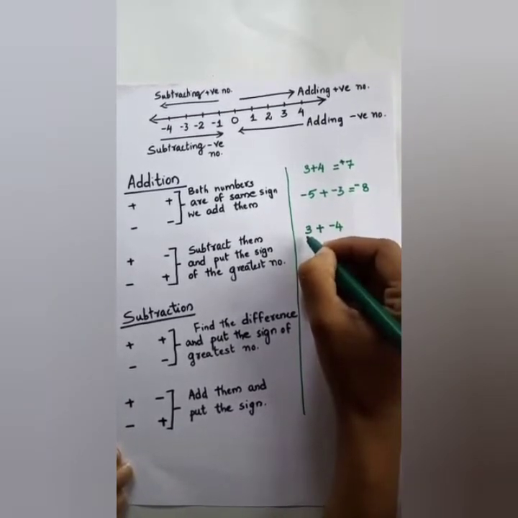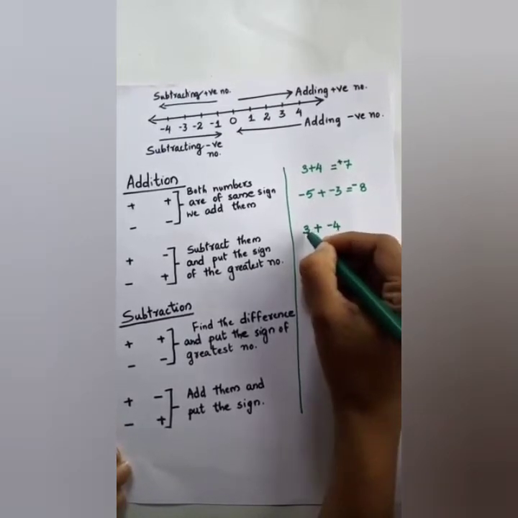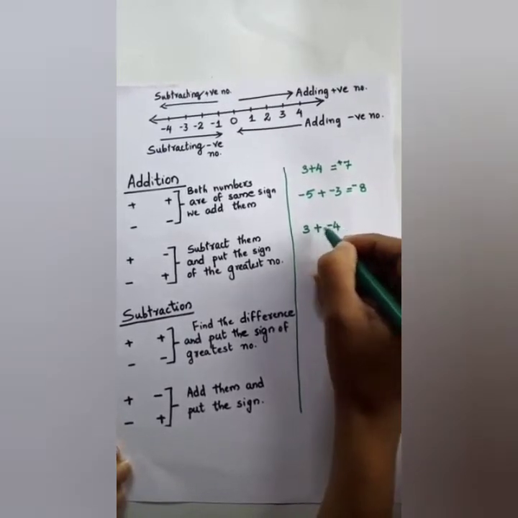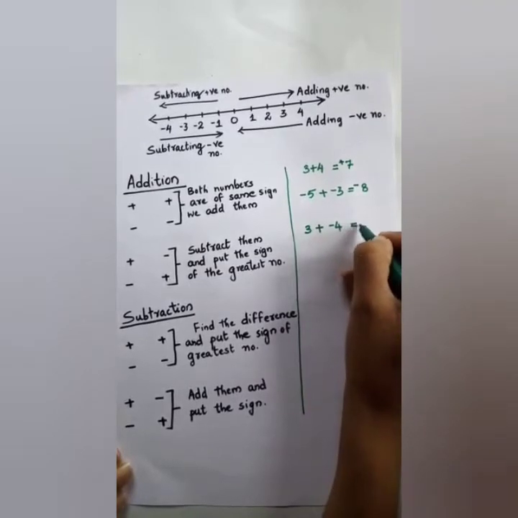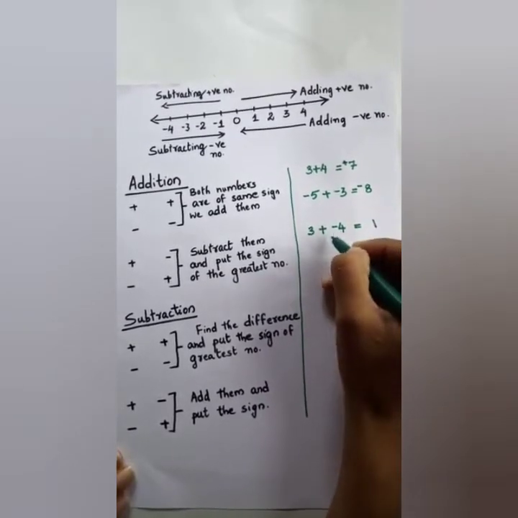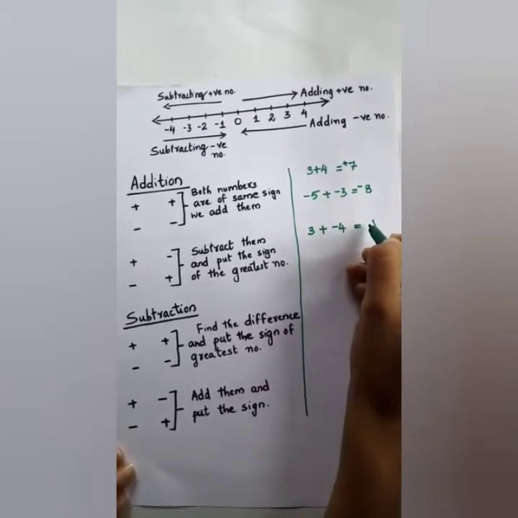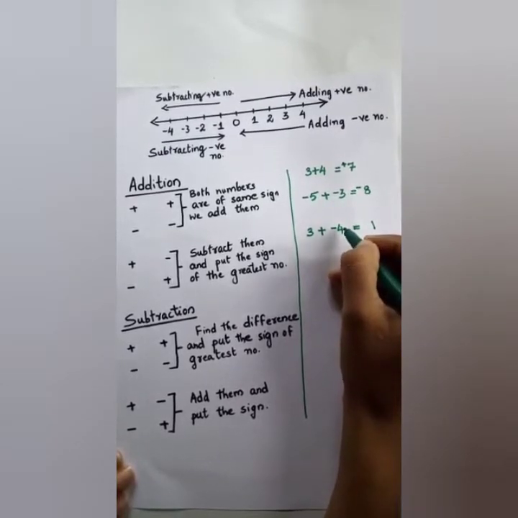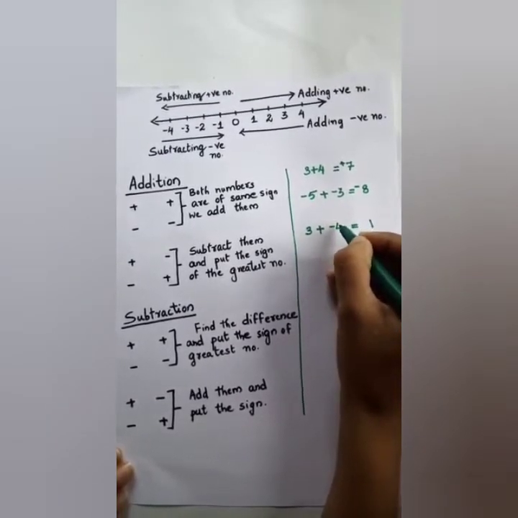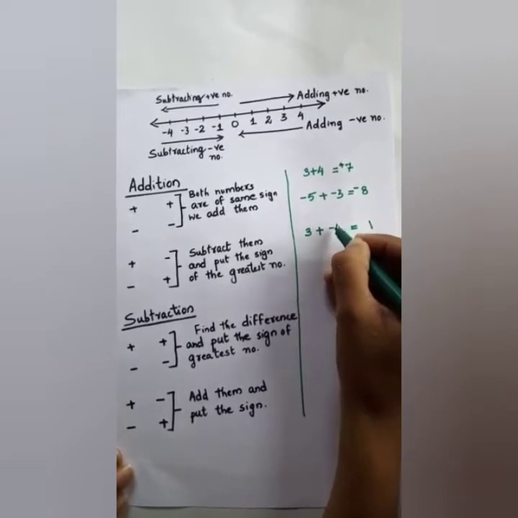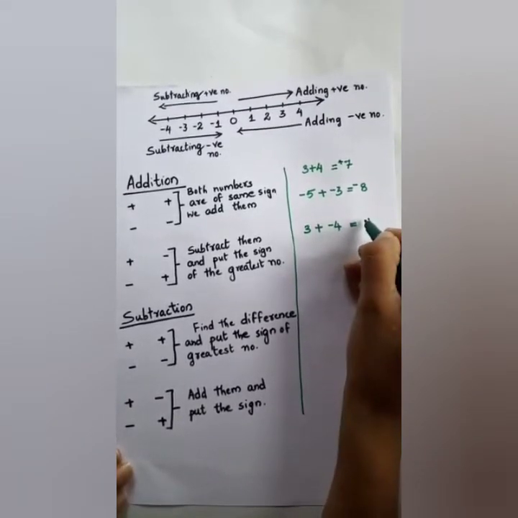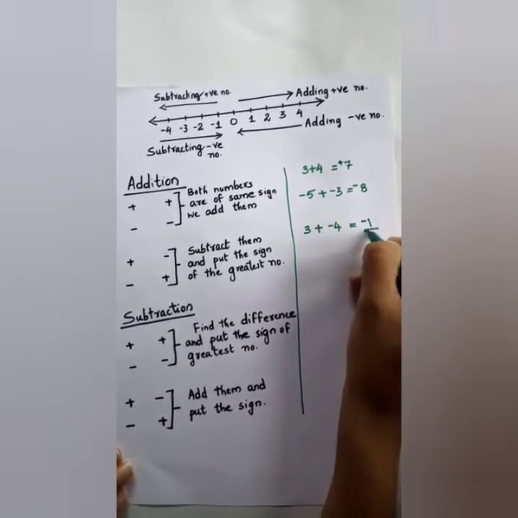We have to just subtract them. 4 minus 3, we will get the answer as 1. Then which sign will be there for the answer? We have to put the sign of the greatest number. Here the greatest number is 4 and the sign is minus. So our answer will be minus 1.